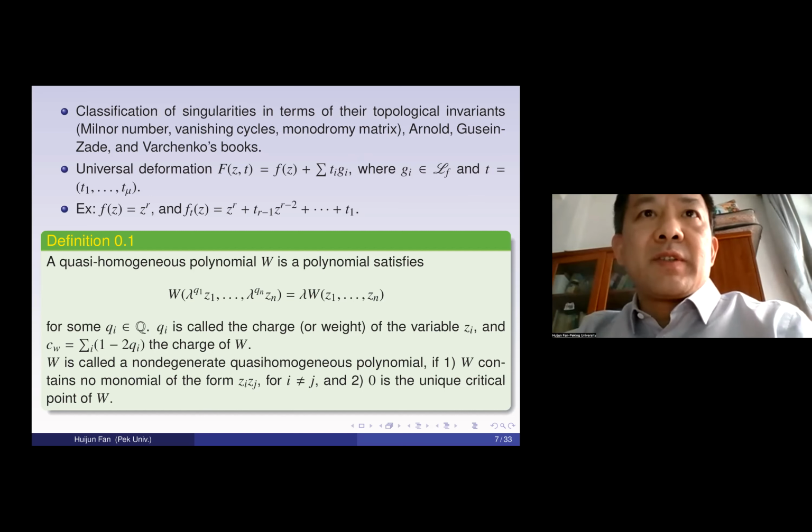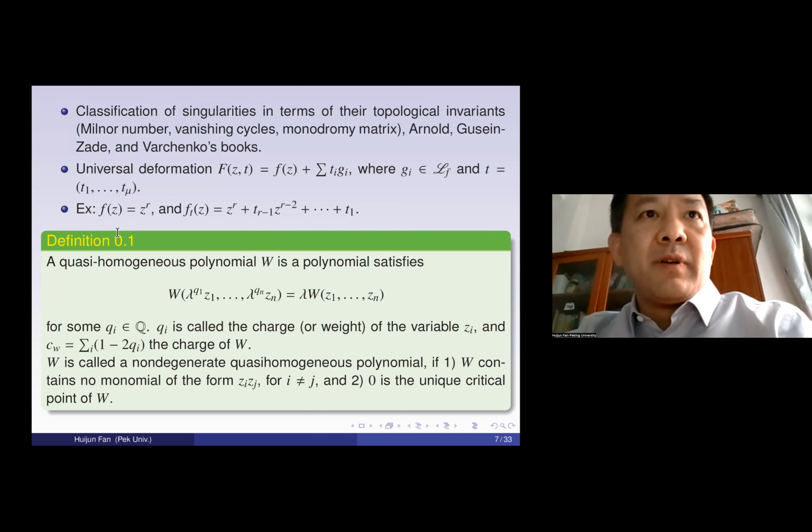An important ingredient in this singularity theory is the universal deformation. We can consider capital F(z,t) equals f(z) plus the sum of t_i times g_i, where the g_i are elements in the Milnor ring, and t is a deformation vector with entries from t_1 to t_mu.